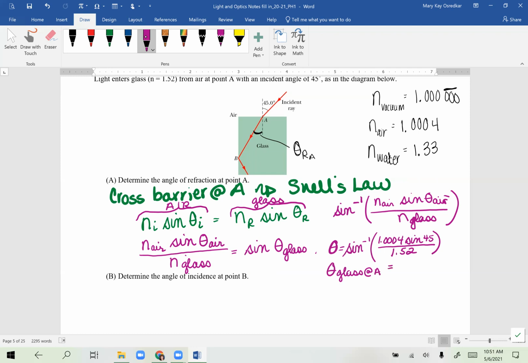Everyone type this in your calculator. Does it have to be in degree setting, or could you add the degree sign? The easiest thing to do is create a document for physics that's in degrees and save it, and then I always use that document.